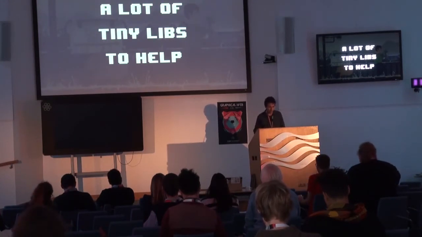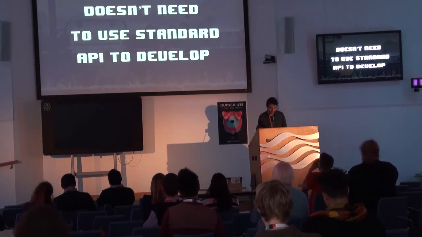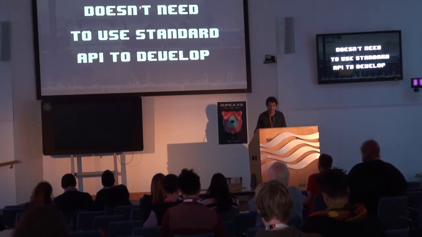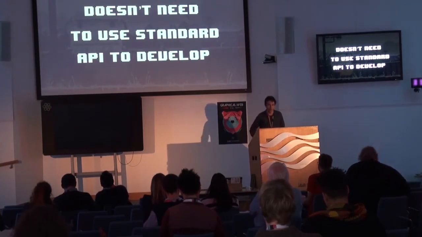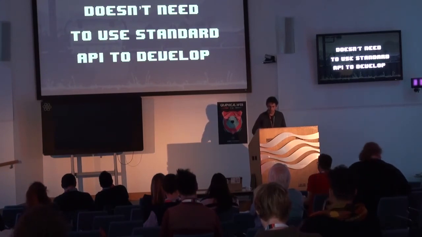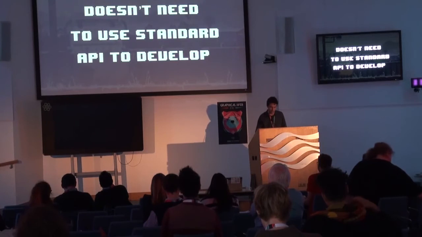So we have a lot of tiny libs to help. You don't need to use a standard API to develop it. You don't need to know React or Polymer or other things about the base to start developing something.